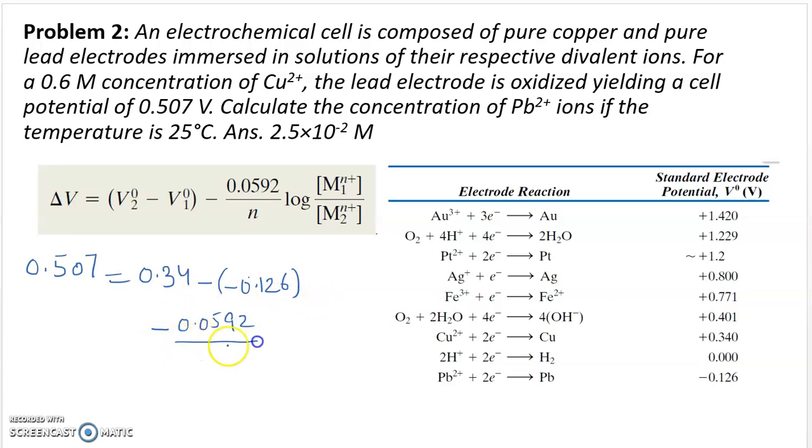And then minus 0.0592 divided by 2 times the log of the molar concentration of the anode over the molar concentration of the cathode. The anode is lead. For the 0.6 molar concentration of copper, because copper is the cathode here, 0.6 will come here.